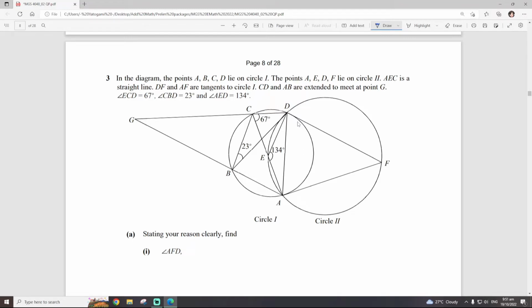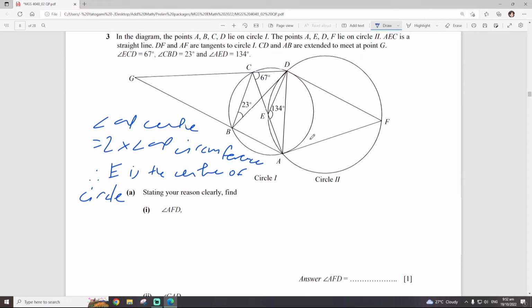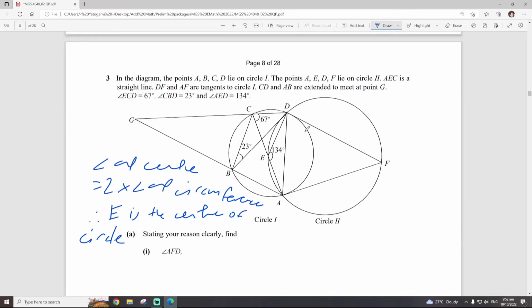So that actually means, if you notice, E is the center of the circle, because angle at center is 2 times angle at circumference. Therefore, E is the center of the circle, right? So that is one thing we can take note of. And let's see.